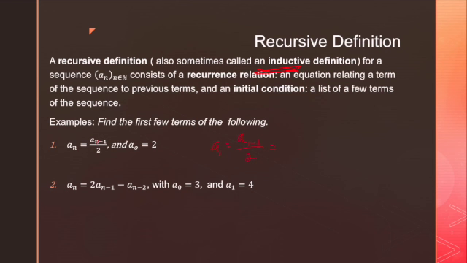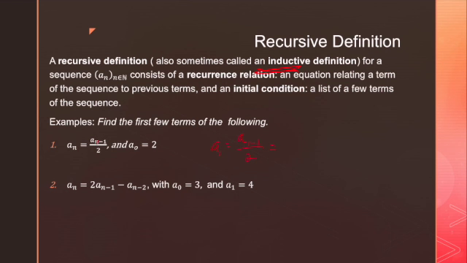If we're going to find a sub 2, that's going to be a sub 1 over 2, which is 1 over 2, a half. If I want to find a sub 3, that's going to be 1 half divided by 2, which is 1/4. And it's going to keep going on like this. So you would get 1, 1 half, 1/4, 1/8, 1/16, 1/32, and so on and so forth.